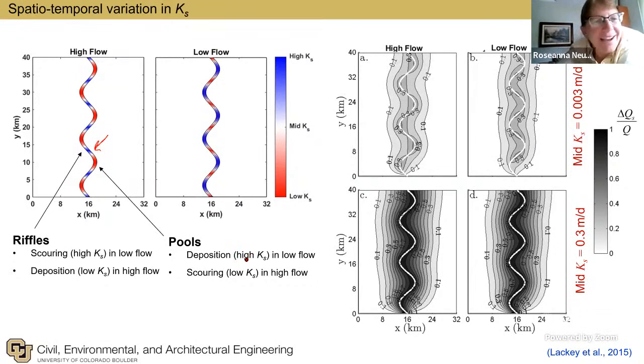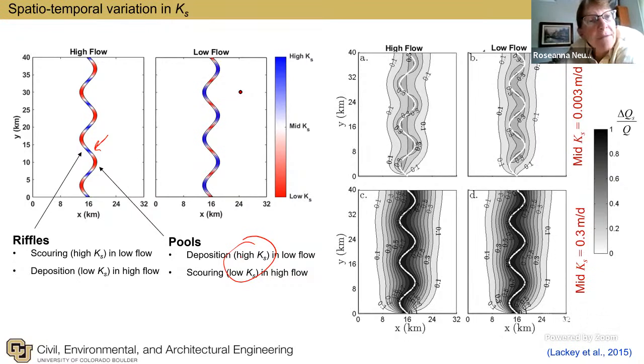I knew there's something wrong here. Yeah, these labels are incorrect. So you get a higher hydraulic conductivity in the riffles when you have high flow, and a lower conductivity in the pools when you have high flow. Then looking on the right plot, it's reversed under low flow.